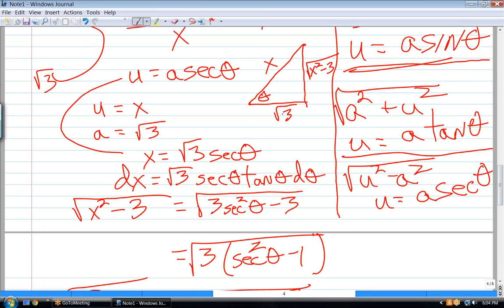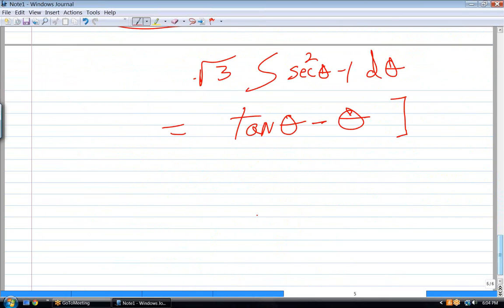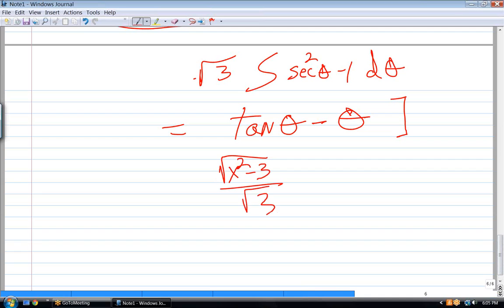Opposite over adjacent would be square root of x squared minus 3 over square root of 3. There's the tan of theta.